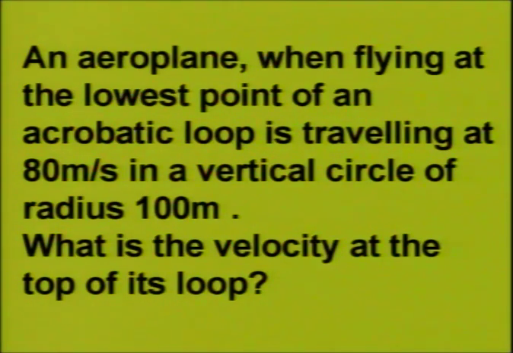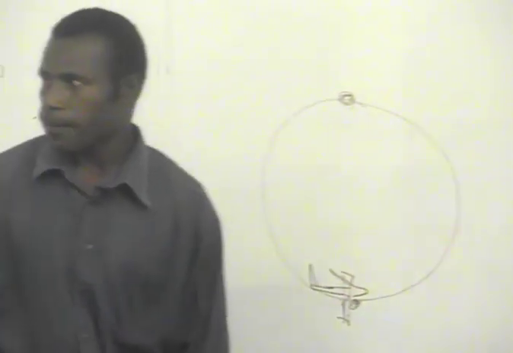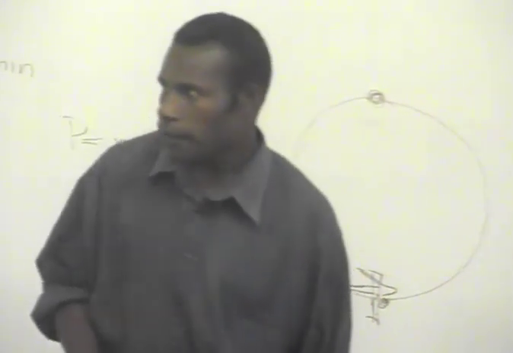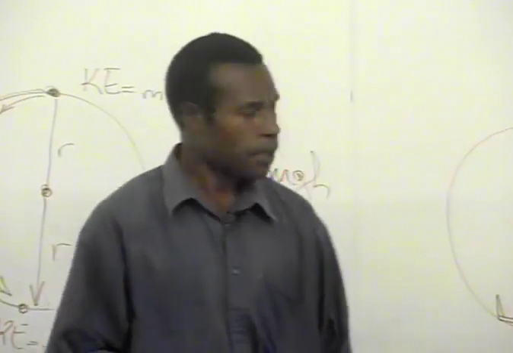Okay, anyway, just a small diagram to show you. For example, this is a loop that it is making. That is the highest point, and then that is the lowest point. Now the question is asking you to calculate the velocity at the top of its loop.